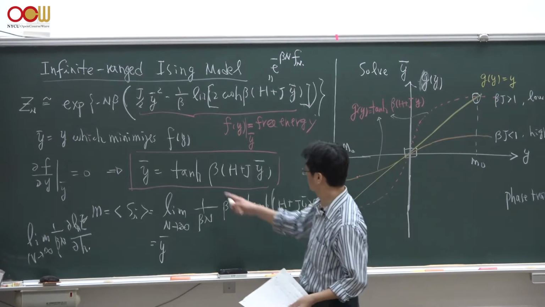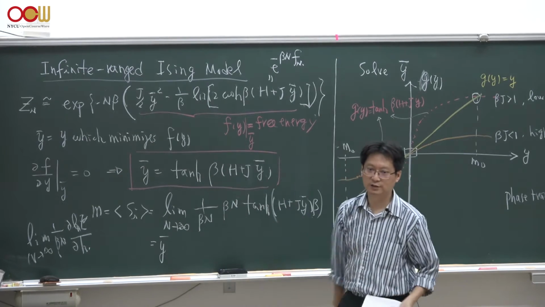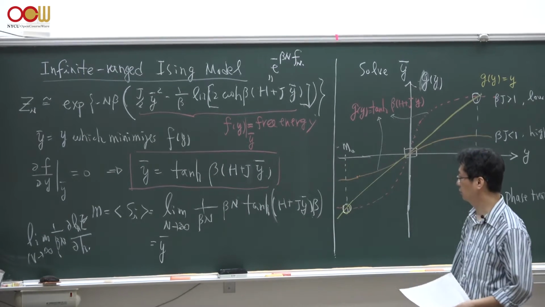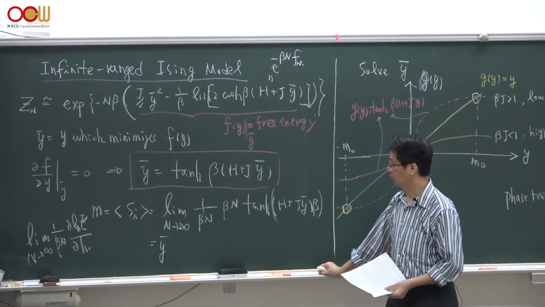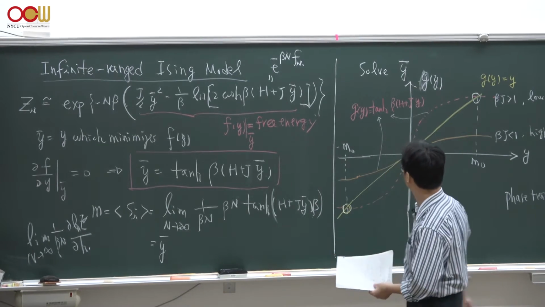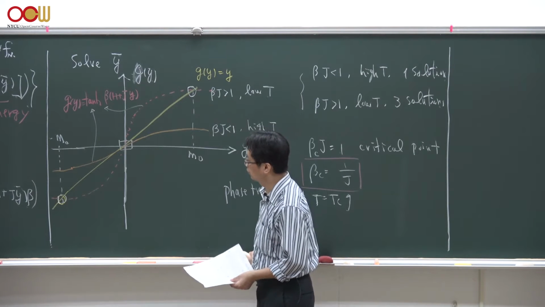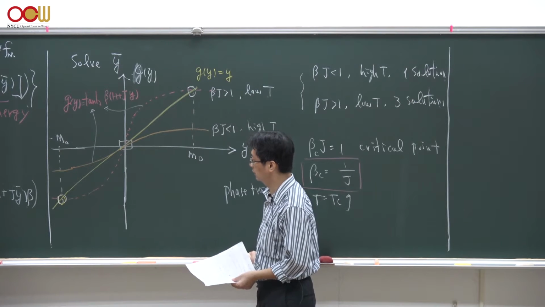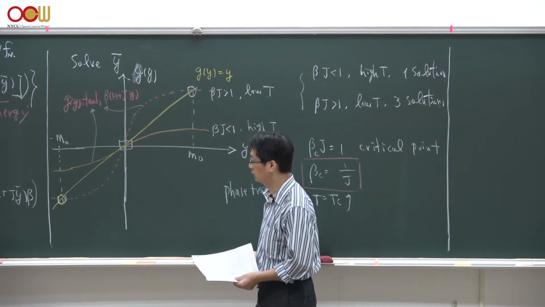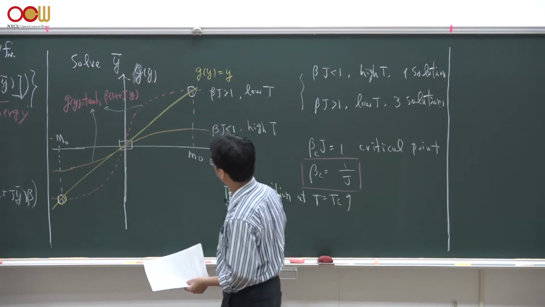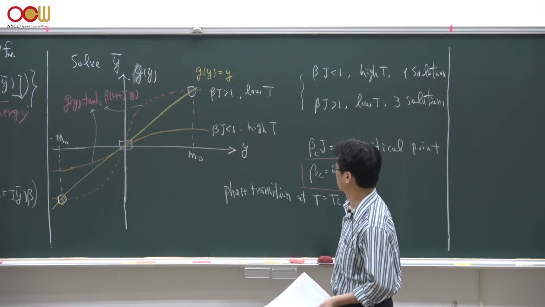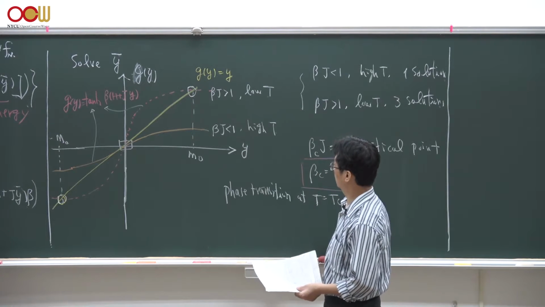So we should iteratively find the solution of this equation. But there's an easy way to get the solution, which is to plot the two functions on both sides independently and look for the intersection. Suppose the y-axis refers to any function, which we call g, as a function of y.